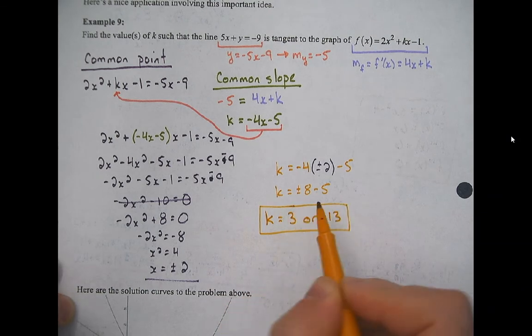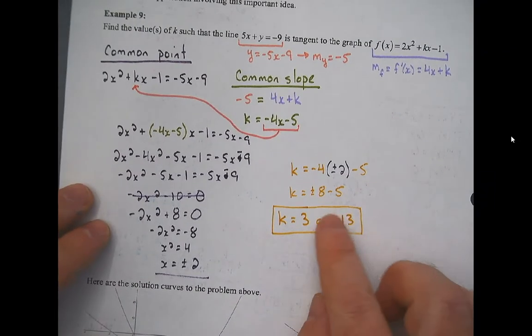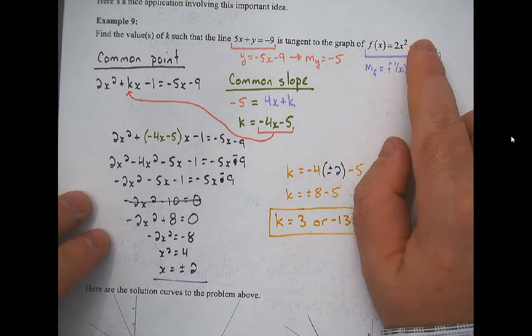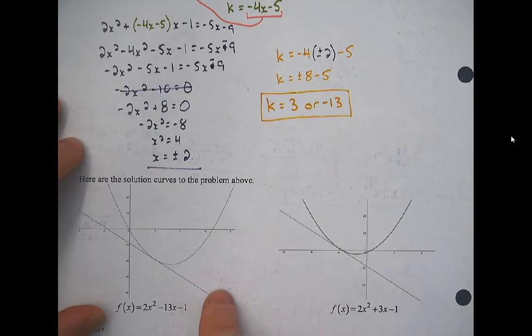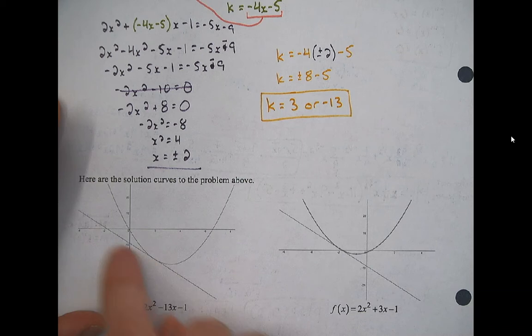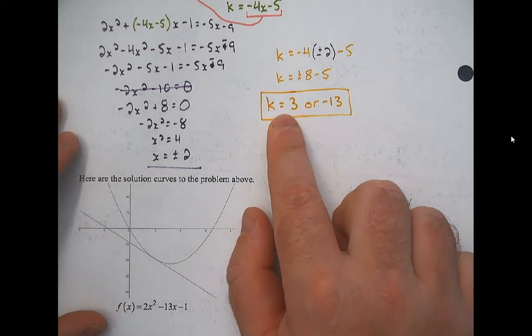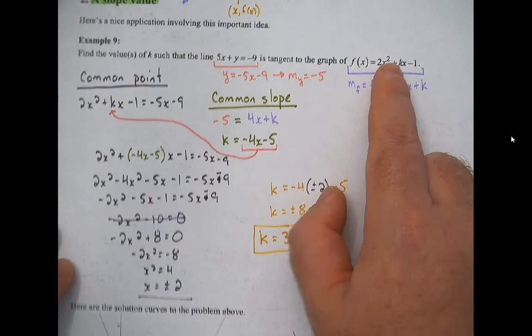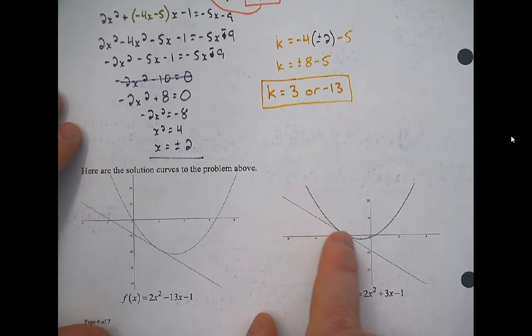And down below, Corpy has shown a picture here of the two curves. Remember, this k value goes with the parabola that we're going to have here. As I change this k value, he's got the same lines: y equals -5x minus 9, and y equals 5x minus 9. But if you put a 3 in there for the k, it's going to look like this. What's happening at -2? We have a tangent line.